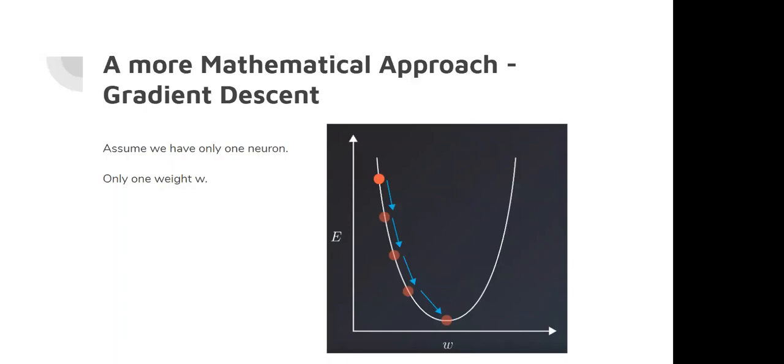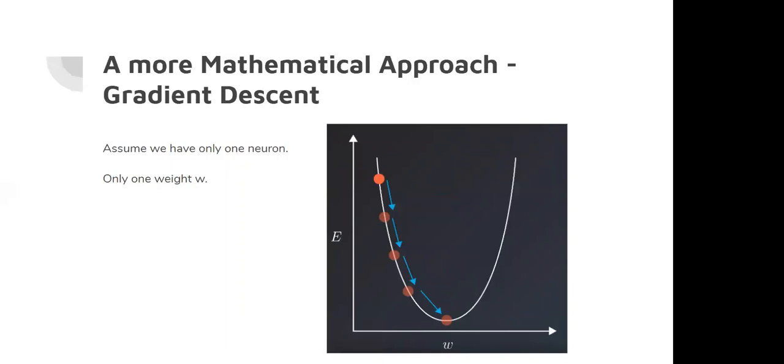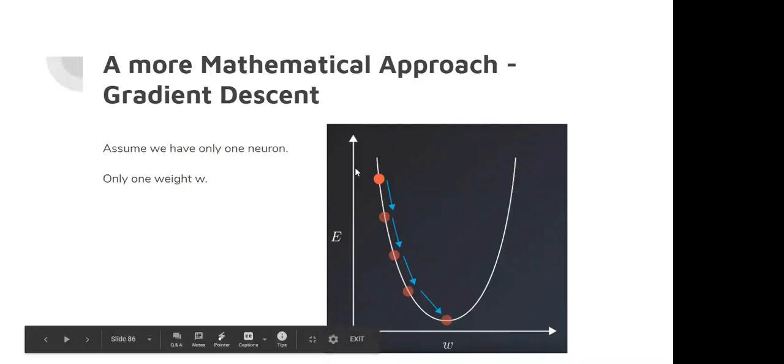So assume we have only one neuron, and of course just one weight. The way the whole maths is rigged around perceptrons and deep learning neural networks, usually our error is a convex function.